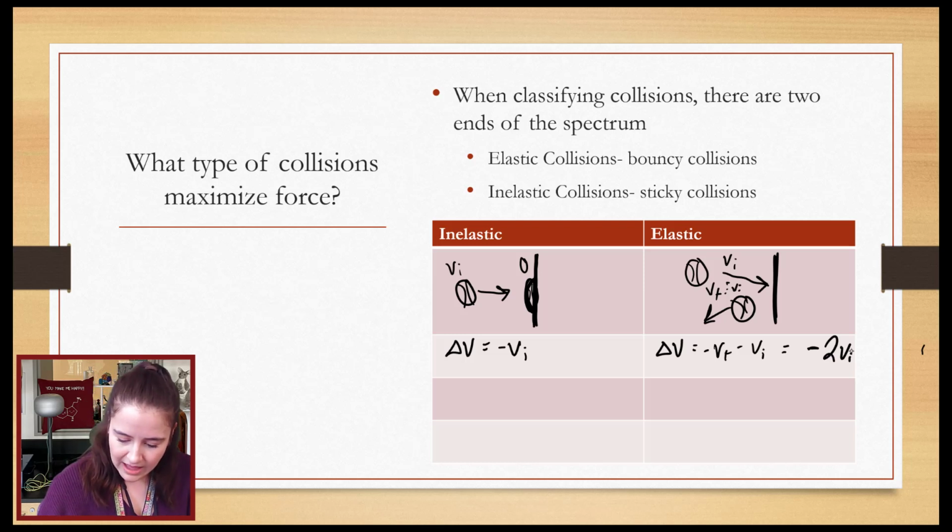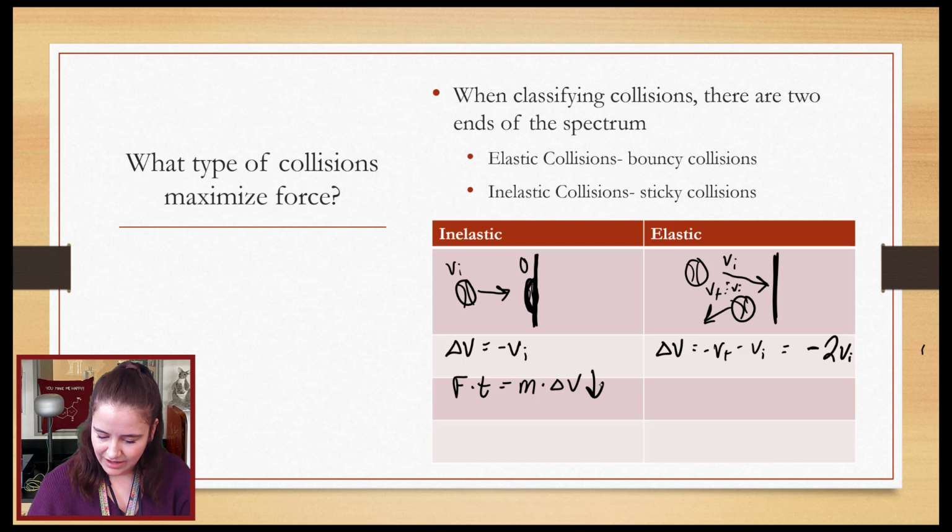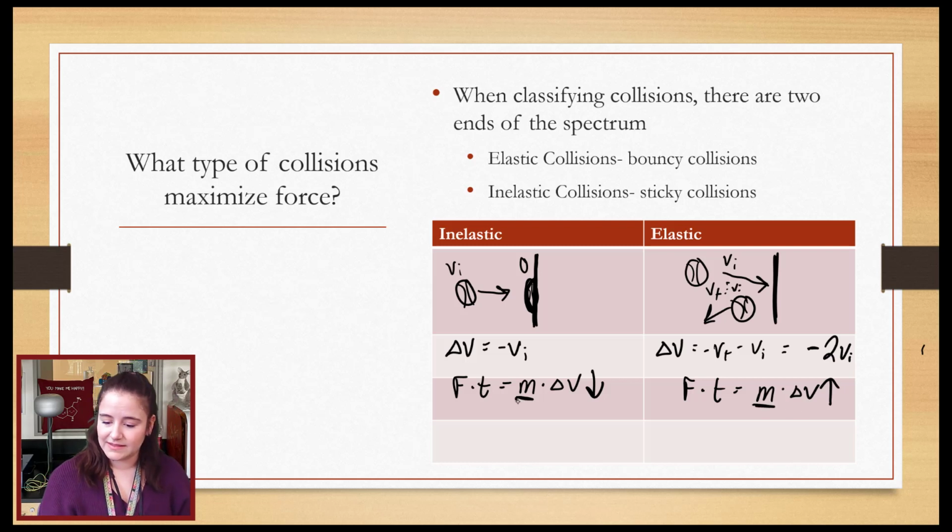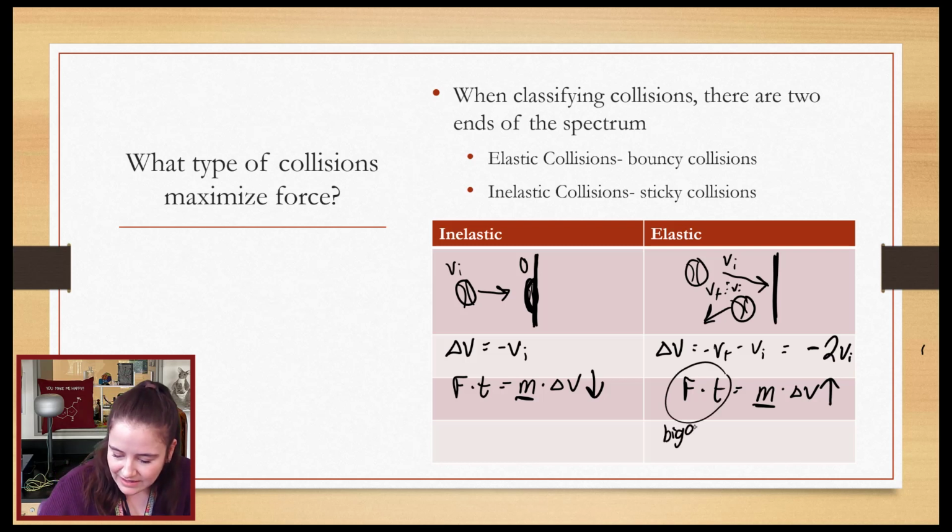So if we're looking at the impulse momentum theorem, this one has a lower change in velocity, whereas this one has a bigger change in velocity. The mass on those is going to be the same, so the elastic collision is going to have the bigger impulse, okay?